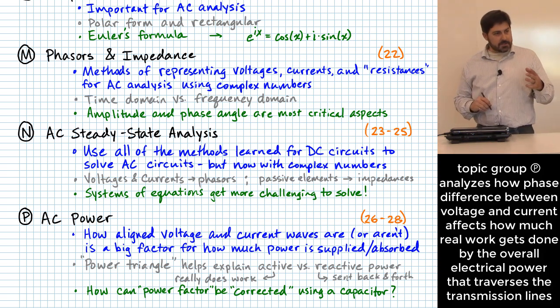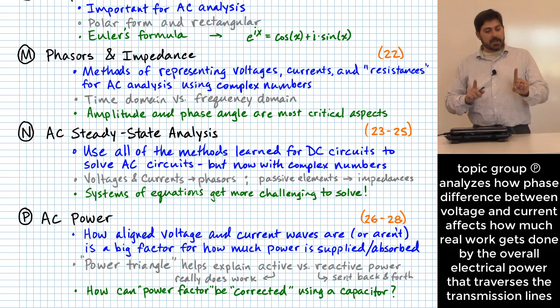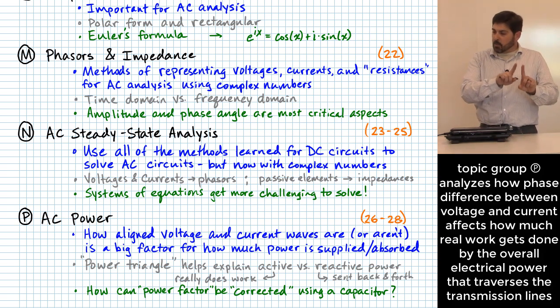I'm going to present this concept of a power triangle, because in AC circuits, power can be sent along some wires from one element to another. Let's say the element at the other end of the line is a capacitor. Because it has the ability to store energy, it can send that power to that capacitor. The capacitor can store it for a tiny amount of time, and then it can send it back.